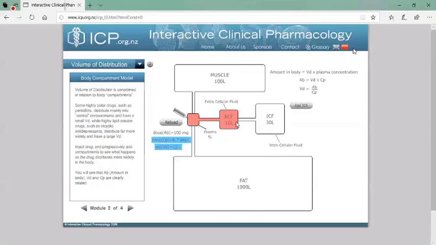And if you choose a drug which has extraordinary lipid solubility, anesthetic drugs, they always need to work in the CNS. So what happened? The anesthetic drug will go to the muscle and also deposit into the fat. So can you see any red color anymore? Yes or no? No.